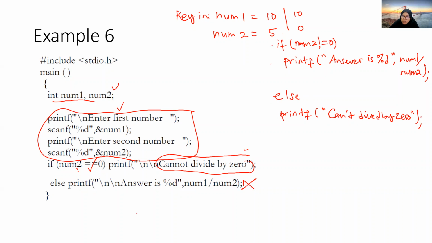Okay, now let's look at the second type. If I say if num2 is not equal to 0, so this is false because the value is 0. So because this is false, it will go to the next statement, else. Because the true is not met, there's no truth, so it will take another statement to be true.